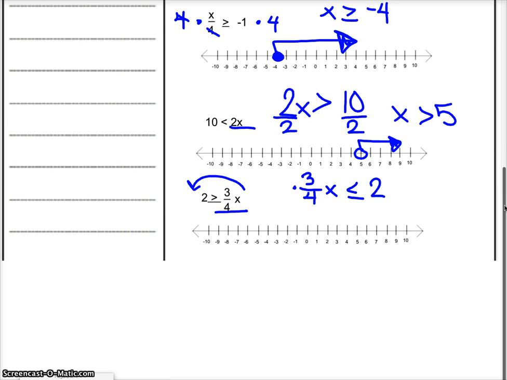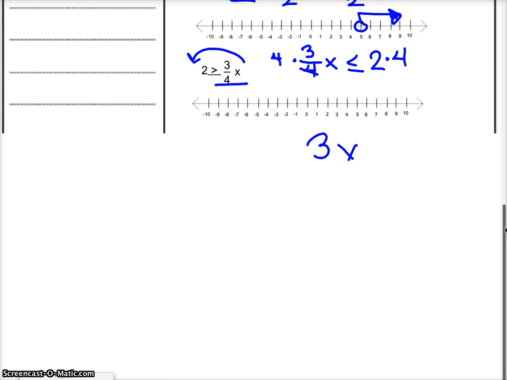So you times both sides by 4, or you could times through by the reciprocal if you wanted. That cancels it out, and I'm left with 3x is less than or equal to 8. Divide by 3. x is less than or equal to 8 over 3.